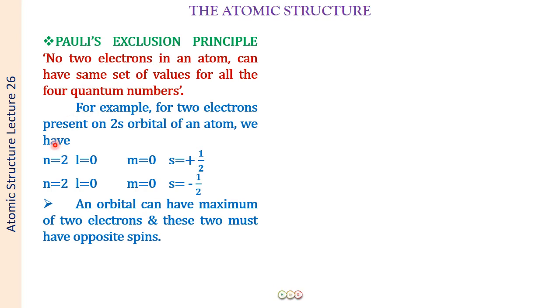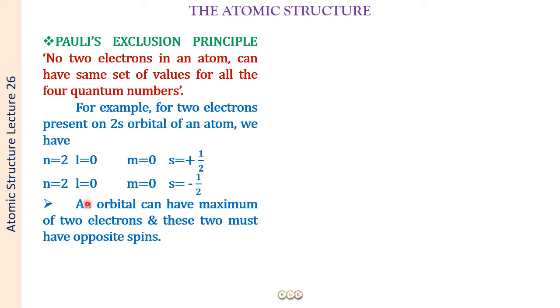right? If the first 3 are the same, like for a 2s orbital electron, n is 2, l is 0, m is 0. If the next electron goes into the same orbital, it will have the same n, l and m values. But here the spin quantum number is going to be different for both of them. One will have a plus half value and the other will have minus half value, thus making the set different because of this one value being different.